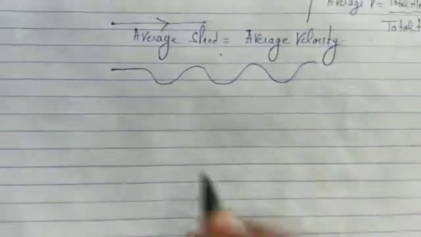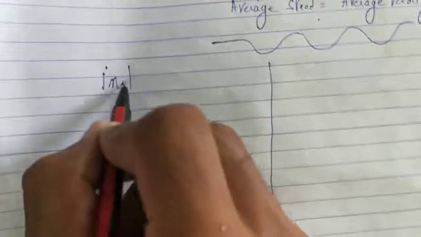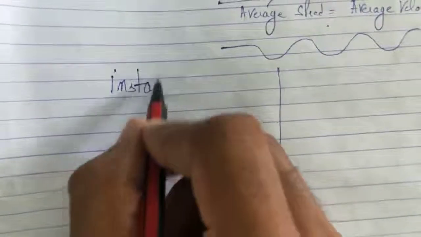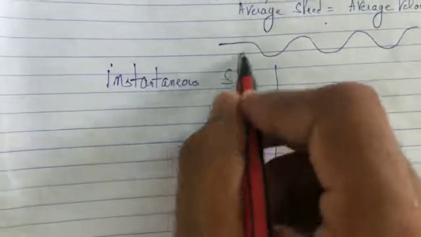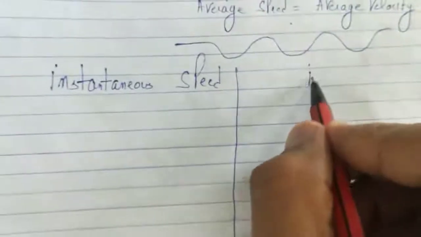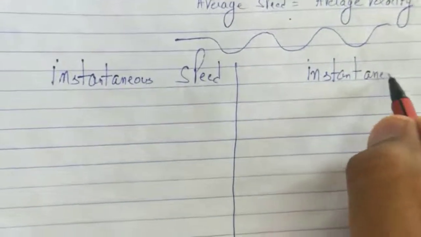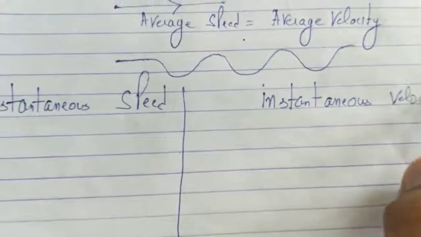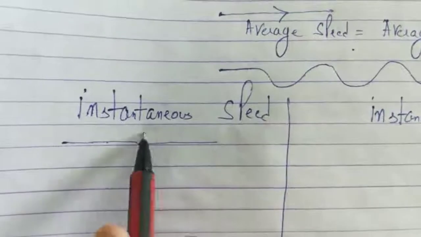Next topic is instantaneous speed and instantaneous velocity. So two things are there: instantaneous speed and instantaneous velocity. Suppose an object is traveling this distance with different speeds.